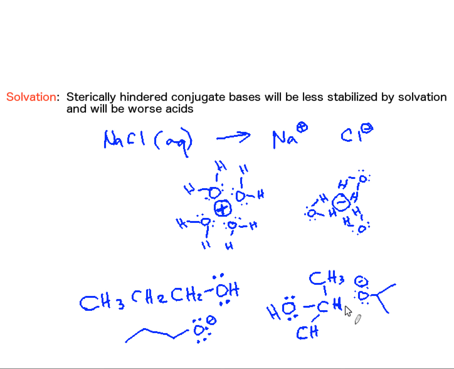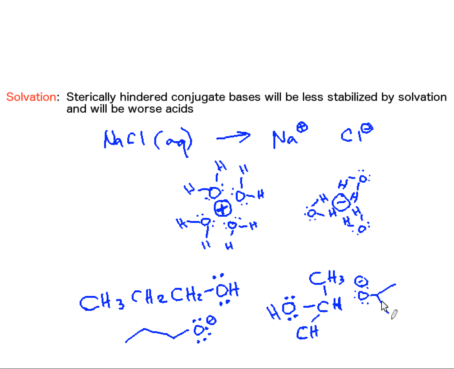Now, the branching tends to decrease solvation. And you might think of why that would happen just from a physical basis. If the solvent really needs to nestle close to the negative charge, wrap itself around it, give it a big hug in order to stabilize it, if you have branches of methyl groups or other things around that negative charge, there's going to be some steric hindrance.